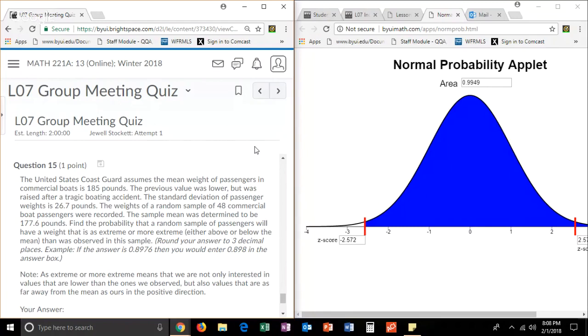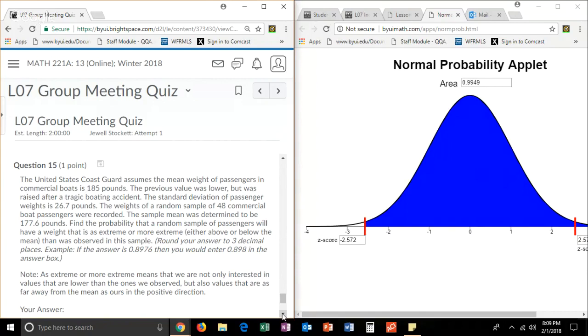I thought that would mean greater than or equal to. This is saying it's less than or greater than, right? As extreme or more extreme, so either above or below, not anything in between the mean. That's how I would take that.